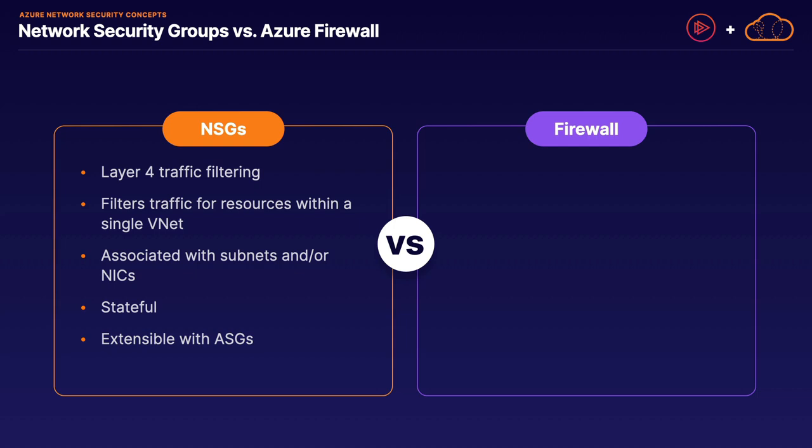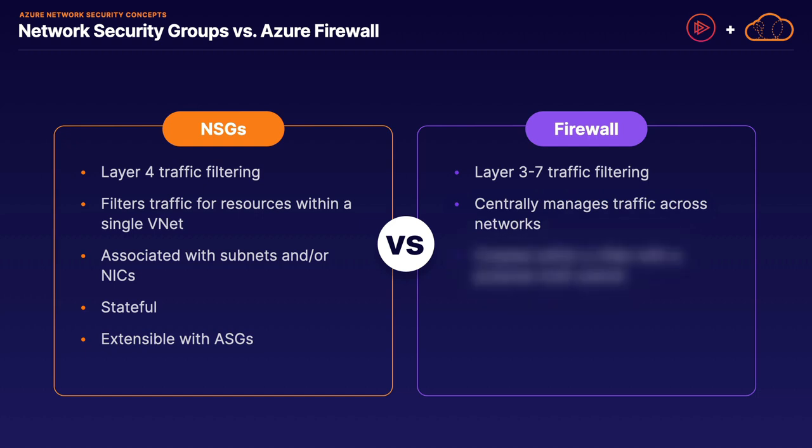Now with Azure Firewall, what we have is layer 3 through layer 7 traffic filtering. And specifically with Azure Firewall, we have a central management place in this firewall resource to manage traffic across networks. And that's virtual networks paired with other virtual networks that are peered, to on-premise networks, or even other networks inside of other cloud providers.